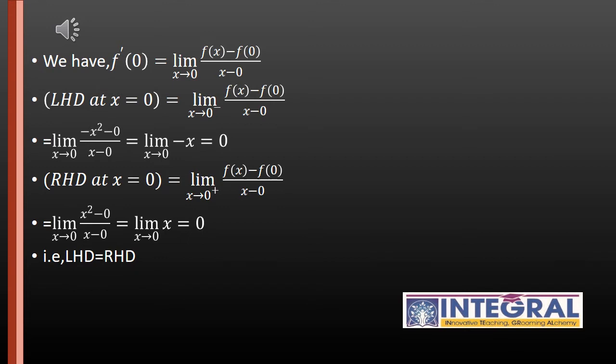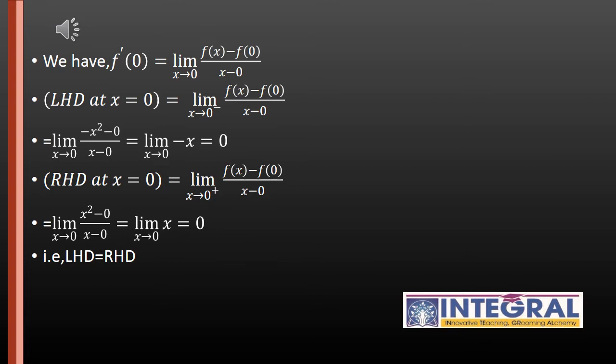Now 0 minus means negative numbers. For negative numbers, f of x is minus x square. That gives minus x square minus 0 by x minus 0. So this will be limit x tending to 0 minus of minus x, which is equal to 0.